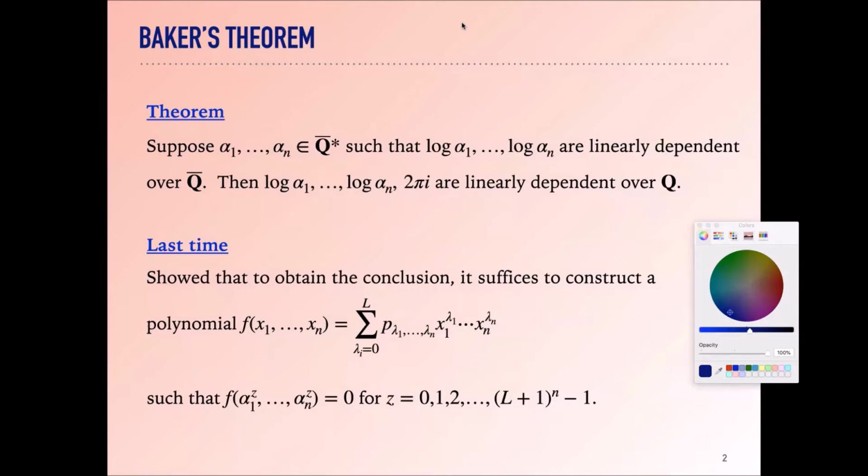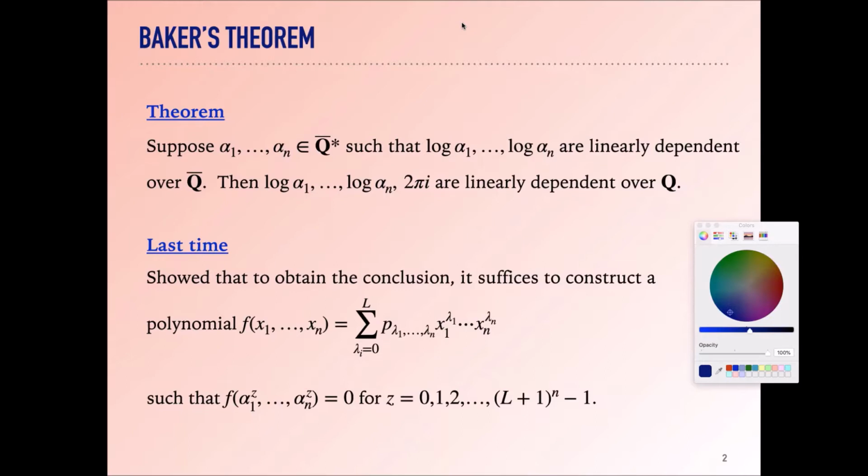Namely, if I plug in my given algebraic numbers alpha 1 through alpha n, and I raise them all simultaneously to the z-th power, for z up to (L+1) to the n, this number of roots that I'm forcing myself to have is equal to the number of coefficients. So for this polynomial, we showed using a trick with the Vandermonde determinant that this implies the conclusion of the theorem, that log alpha 1 through log alpha n together with 2 pi i are linearly dependent over Q. I'm not going to review that proof. I'm just going to remind us that that's what our goal is.